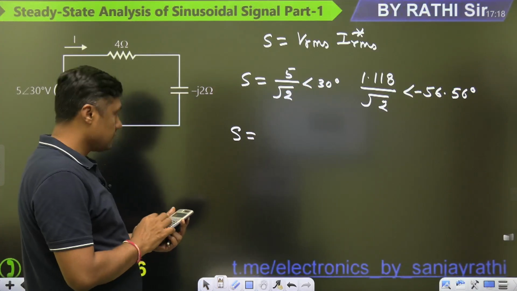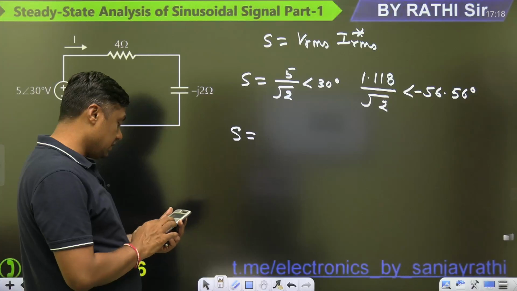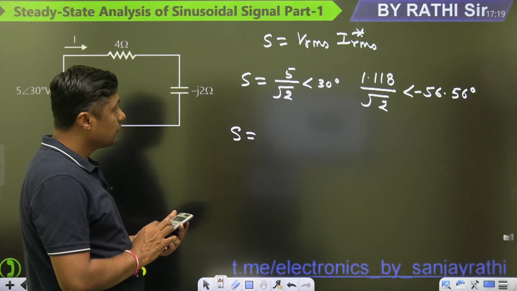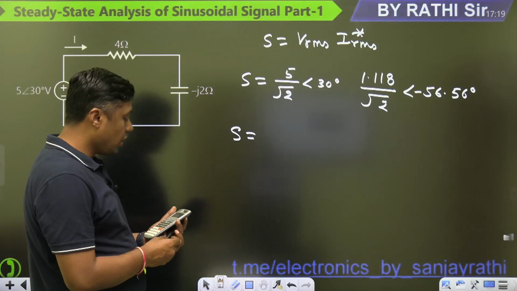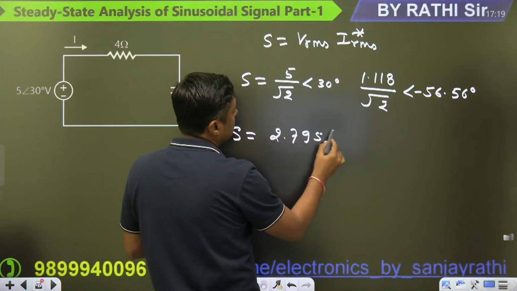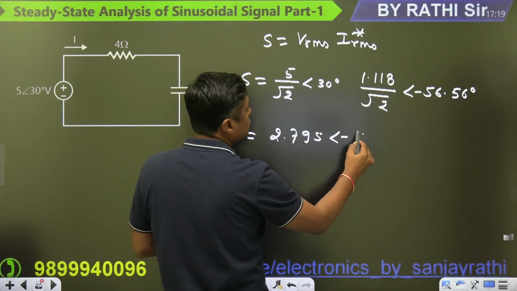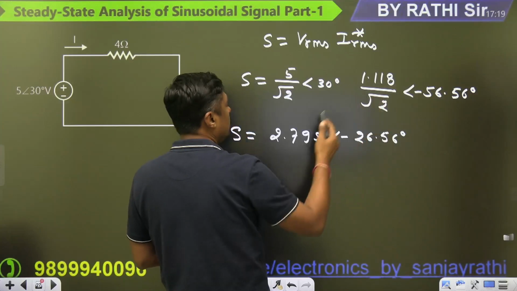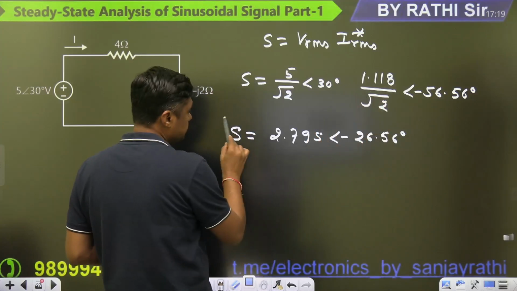So this is 1.118 into 5 divided by 2, 2.795 angle minus 26.56. Add these two and you will get the complex power.